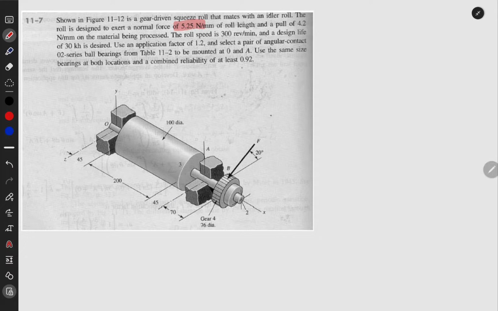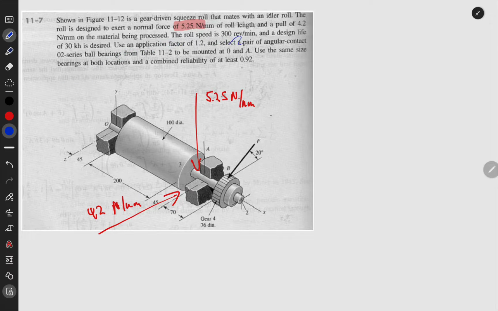So there's a normal force of 5.25 N per millimeter, and then another one that is pulling in whatever you are trying to squeeze. It is 4.2 N per millimeter.